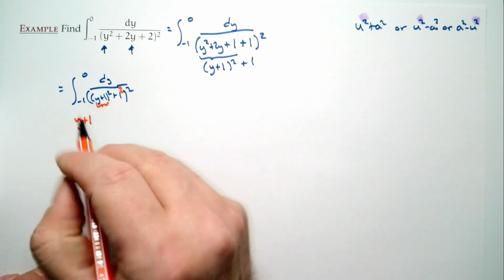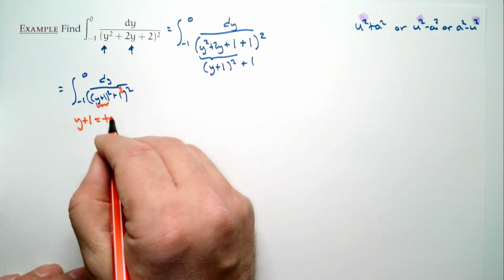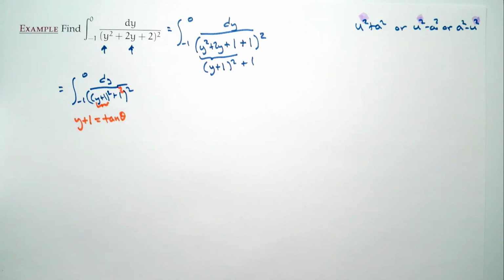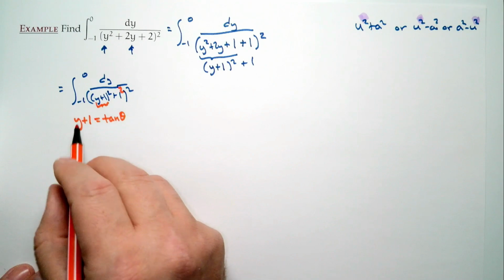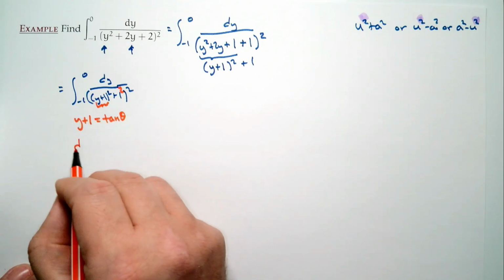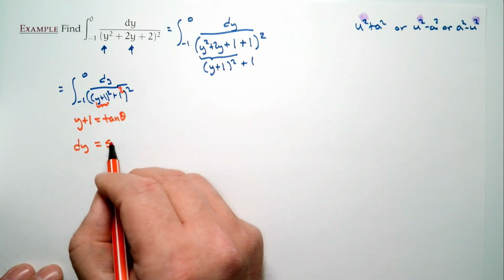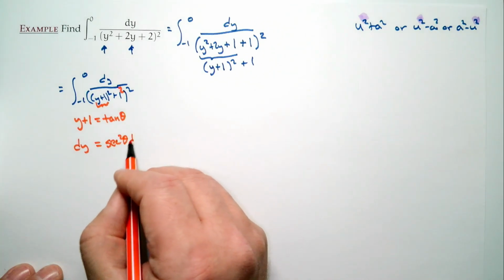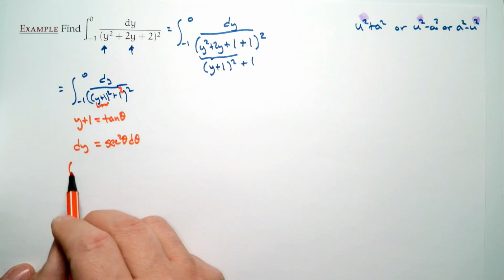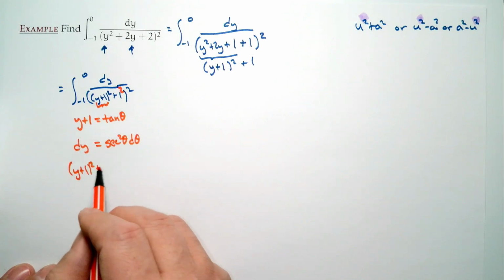Yeah, this is a tangent substitution. So y plus 1 should equal tangent theta. You're absolutely allowed to do this kind of manipulation. There's no problems here. What does dy become? Think of taking the derivative of this side, it's dy. Derivative of this side, secant squared. And what does (y plus 1) quantity squared plus 1 become?